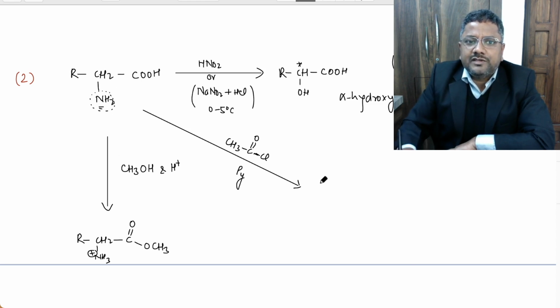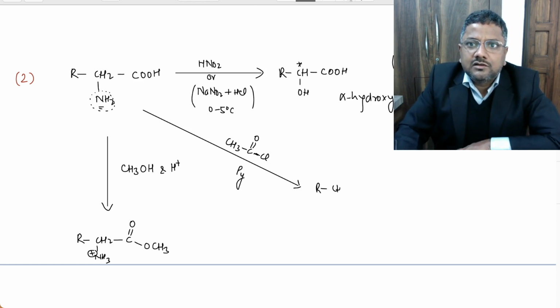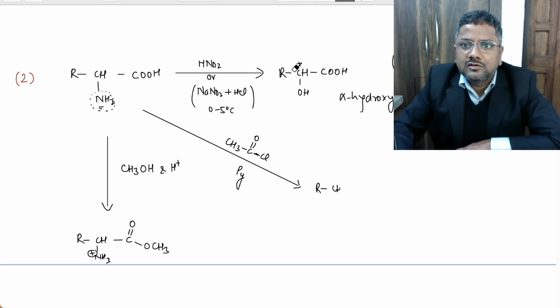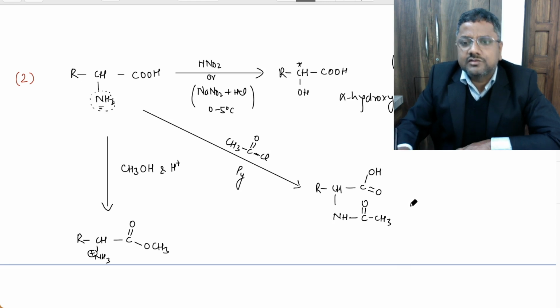Now NH2 group will be acetylated. So what we get are R, CH, NH, CO, CH3, COOH, right?